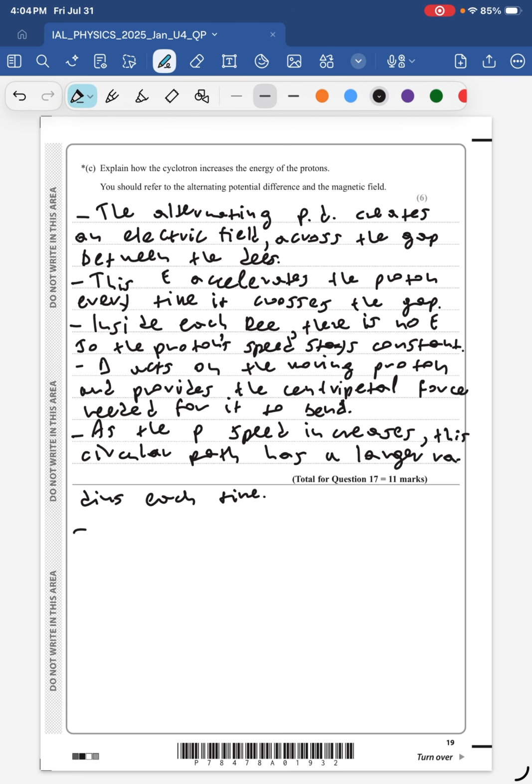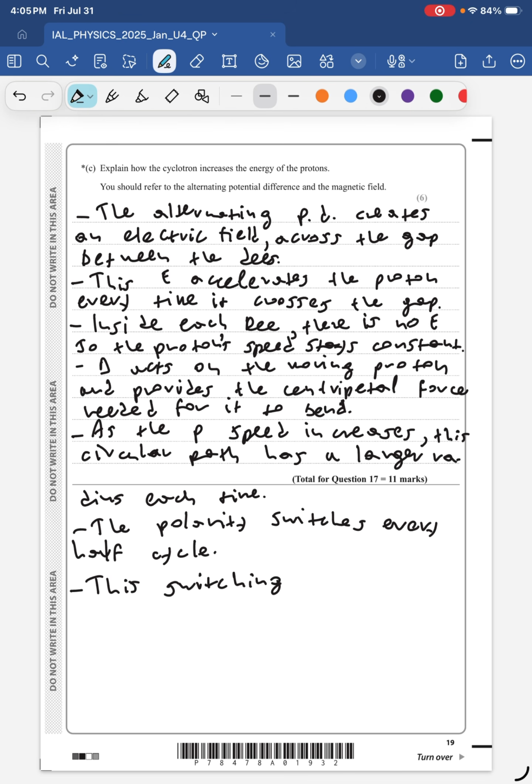The polarity, as we just said, switches every half cycle. This switching is timed so that the proton has time to pass through the D.